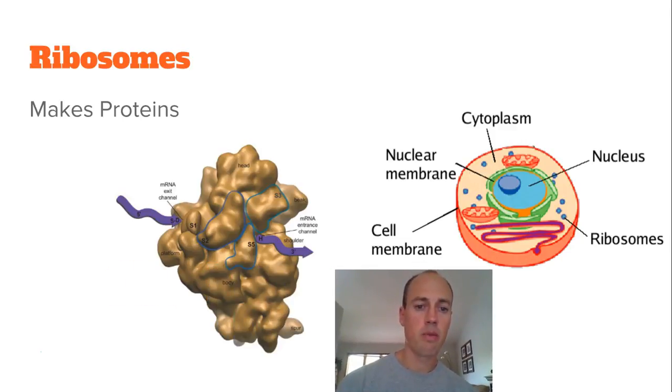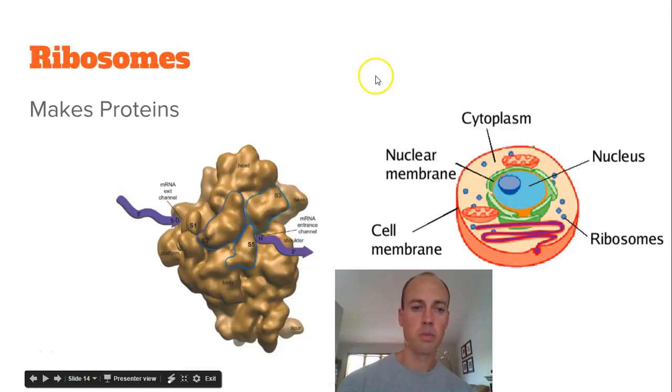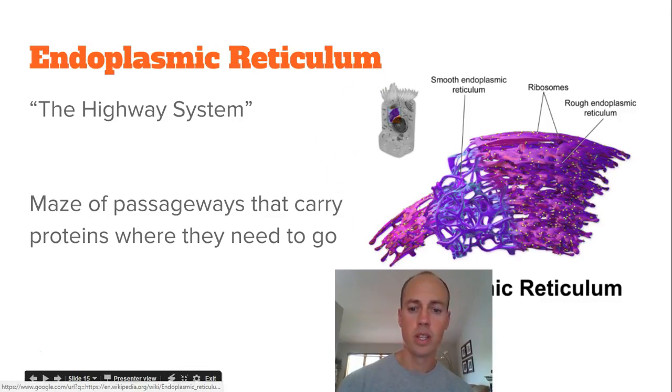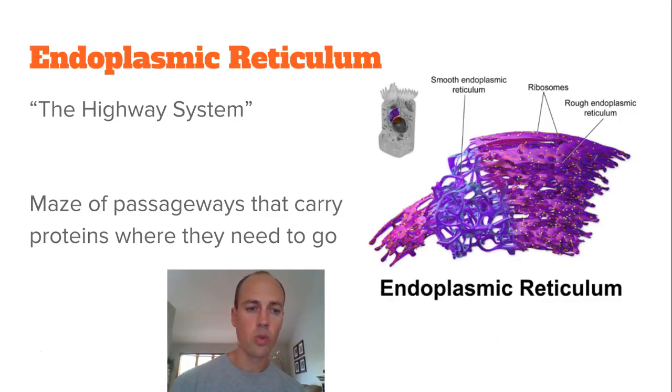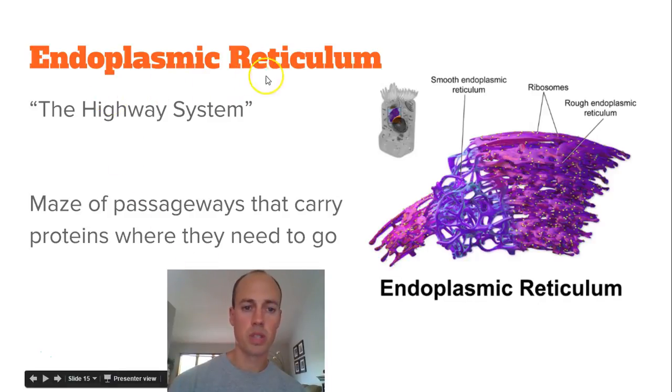All cells have ribosomes. These are the ones that make proteins. They get genetic material in, and they can make proteins out of it. Pretty awesome. That's ribosomes. ER, or endoplasmic reticulum, is the highway system for eukaryotic cells. So it's a maze of passageways that carry proteins where they need to go.